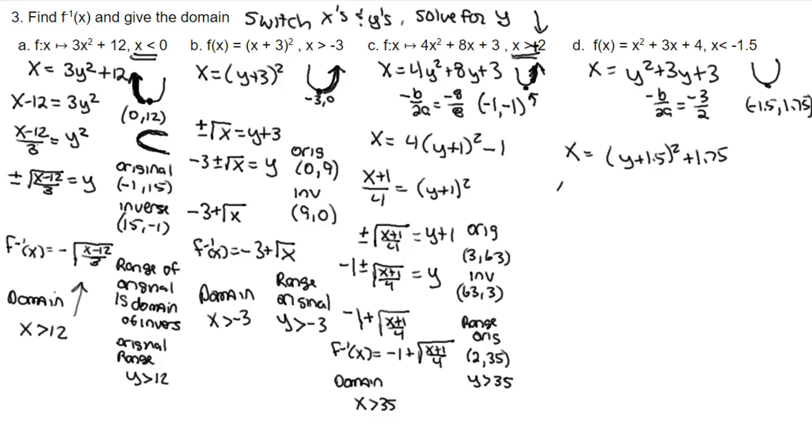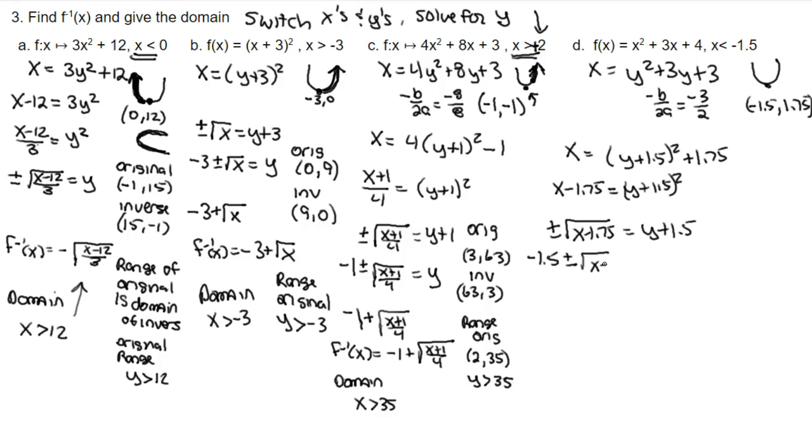So I fill it all in, and then I get the y by itself, doing pretty much the same thing I did a minute ago. And I end up with this plus or minus, and then it's going to be y plus 1.5, so then I'm going to subtract the 1.5 on both sides.